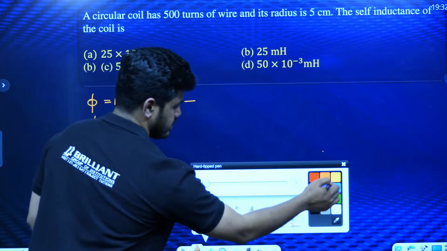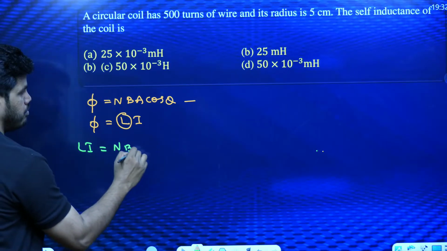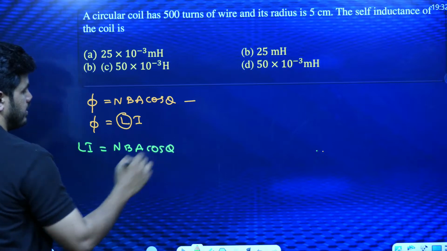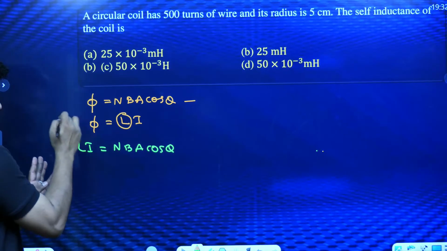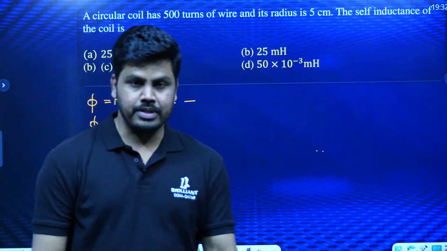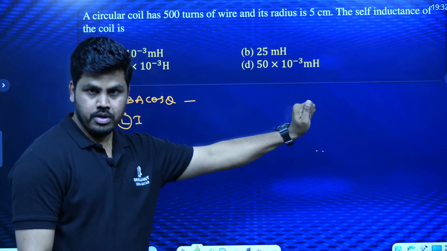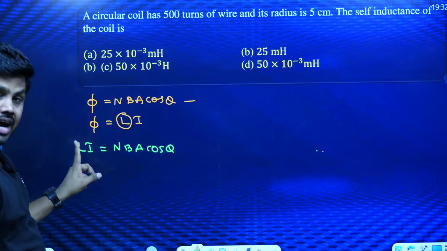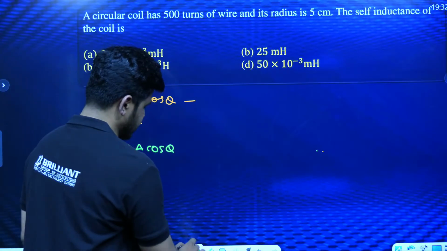So when you equate them, if I equate LI is equal to NBA cos theta, we can cancel and find out what is L. And the problem with this solution is we don't have any current given. So if you want to substitute the value of current I, we don't have that value in our question. So what happens?